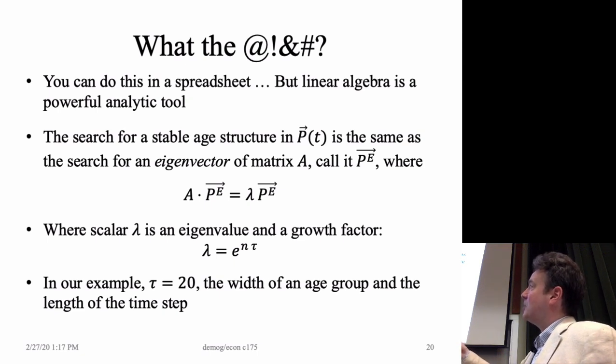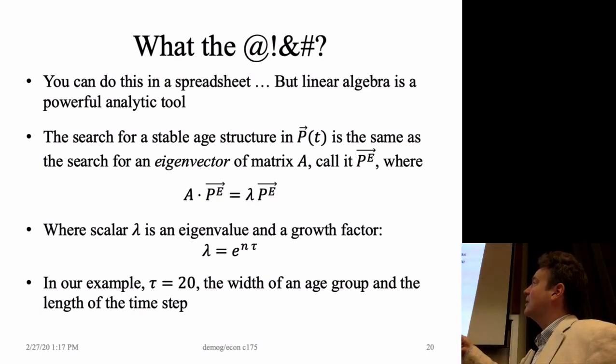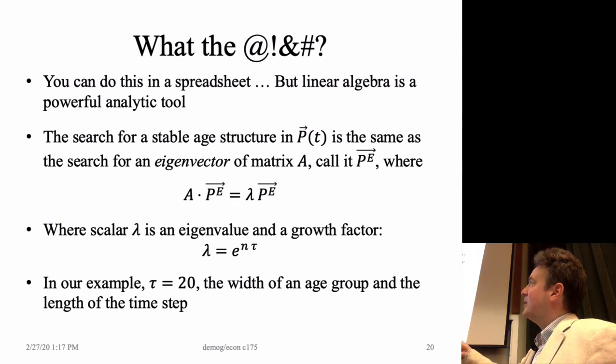You've passed a population vector to this matrix A, and if this is an eigenvector of the matrix, then what you get back is an eigenvalue times the eigenvector again. And here, our eigenvalue lambda is e to the n times tau, where n is the average annual growth rate and tau is the number of time steps.